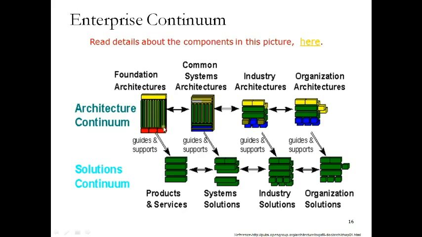So there are some solutions here that are general to everyone in every industry, and then as you move through this to the left, you have common systems architecture, industry architecture, and these finally are very specific to our organization. Along the way we must be able to use any of these building blocks. The relationship between the architecture continuum and the solution continuum is one of guidance, direction, and support.